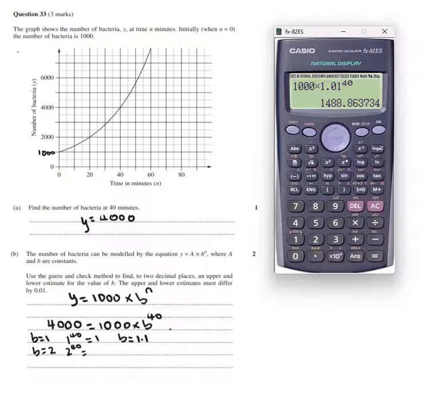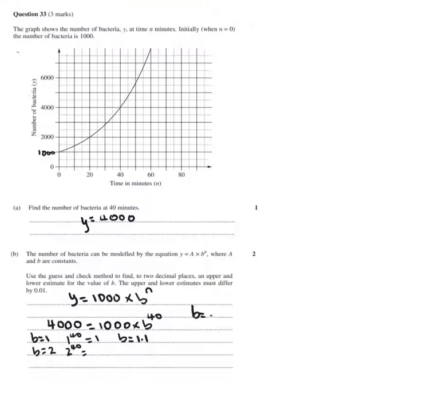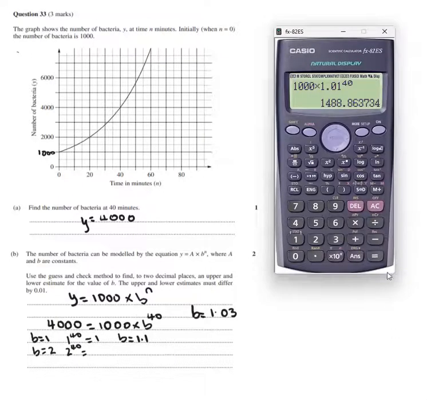So why don't we jump up, and I'm going to write this one down. b equals 1.03. And we'll see how we go with that. Get the calculator back, arrow back, change that to a 3. And 3 gives us 3,262.